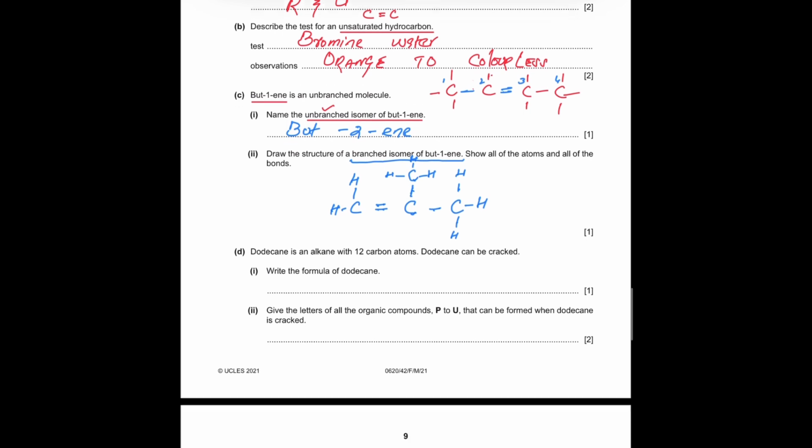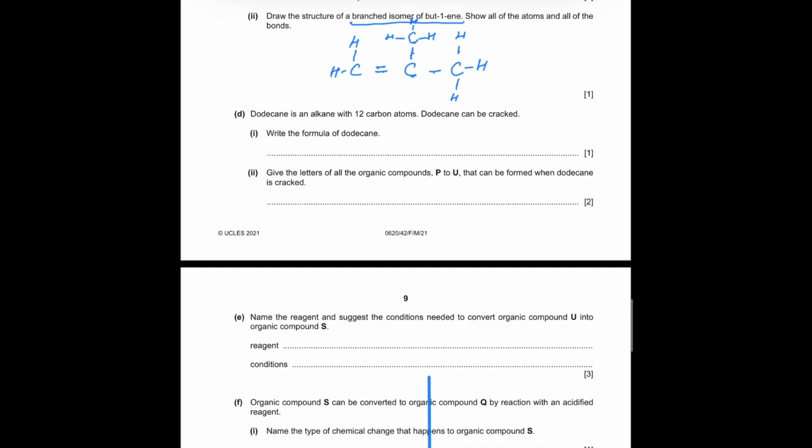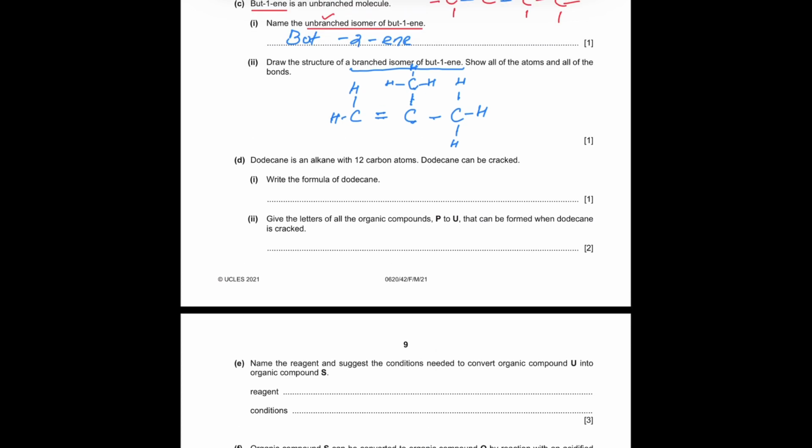Okay, in the next question, dodecane is 12 carbon. He mentioned the 12 carbon atom. Dodecane can be cracked, meaning we can break down dodecane by giving heat.